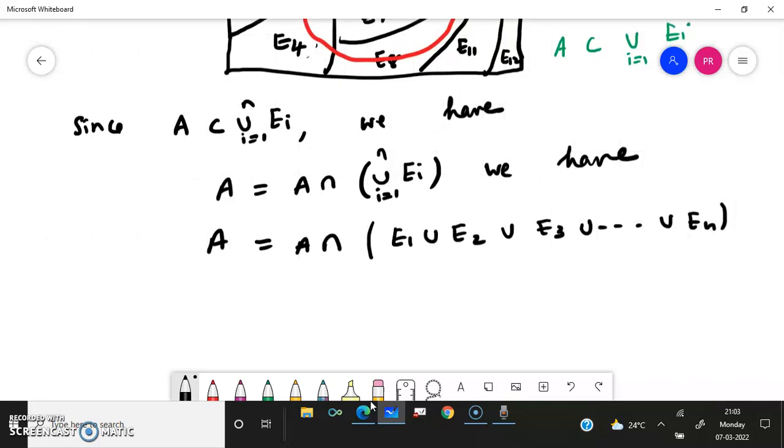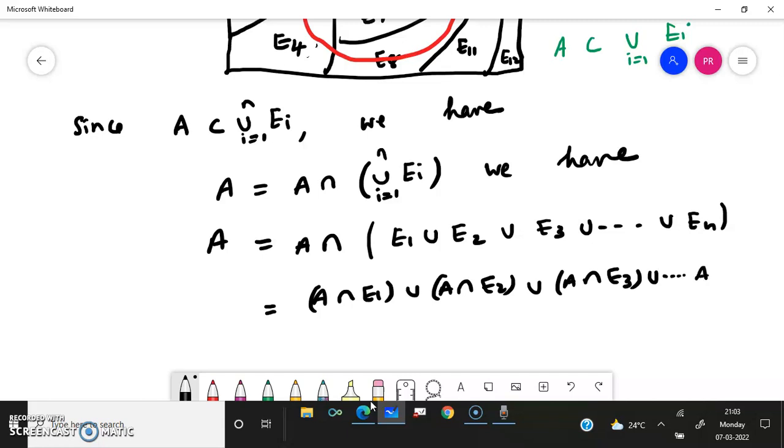Because A is a subset of this, A can be written as A intersection something. And using the distributive law, A intersection E1 union A intersection E2 union A intersection E3 union and so on A intersection En, right?